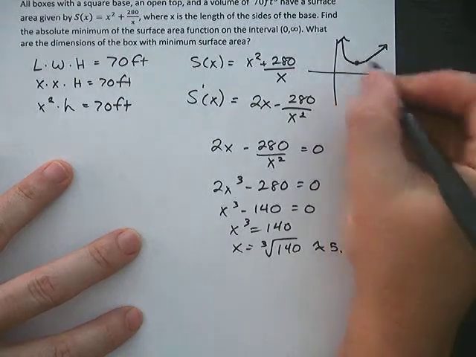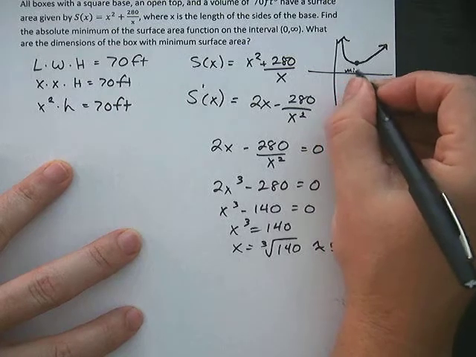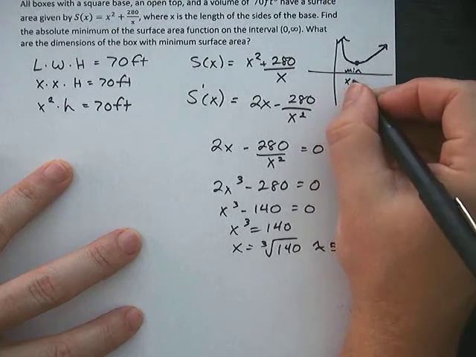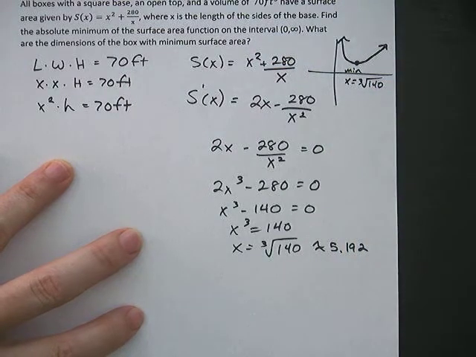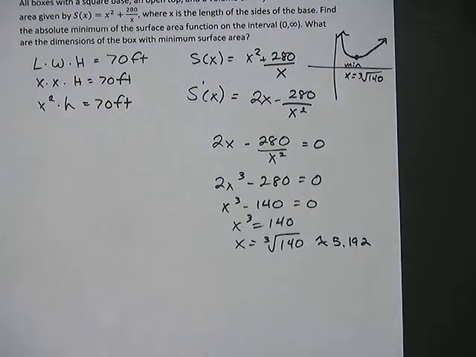So this right here is our minimum, and that is where x is equal to the cube root of 140, or 5.192. So we know x is equal to the cube root of 140. That's where we have a minimum.